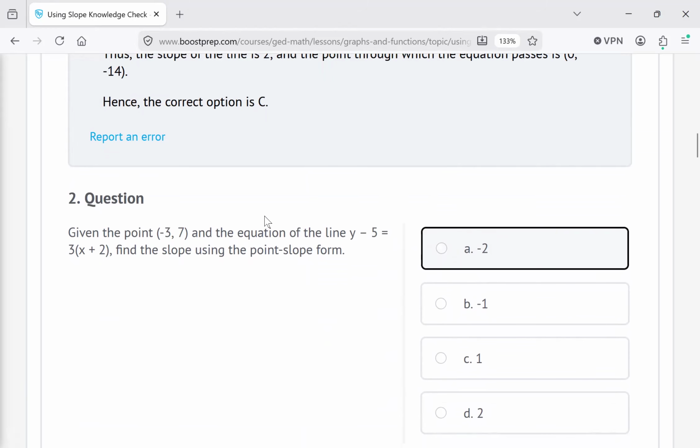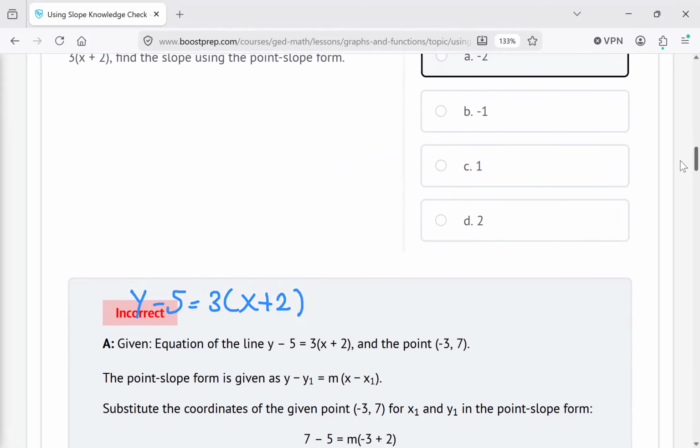They only want the slope, so they use this equation, y minus 5 equals 3 parentheses x plus 2, right? Oh, I see. I should have, yeah.